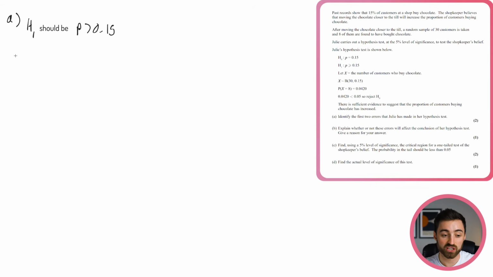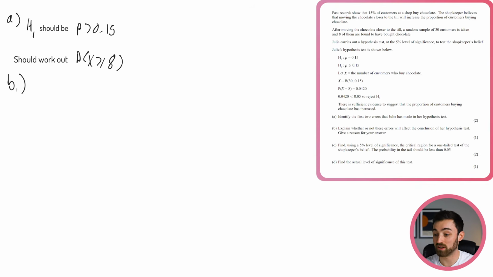So you should be working out the probability that X is greater than or equal to 8. You want to find these tails. And I believe that's the 2 errors. So that's it for part A.